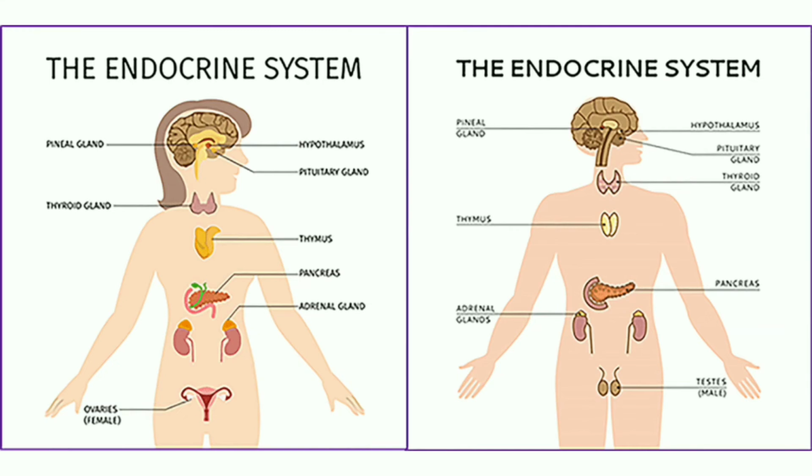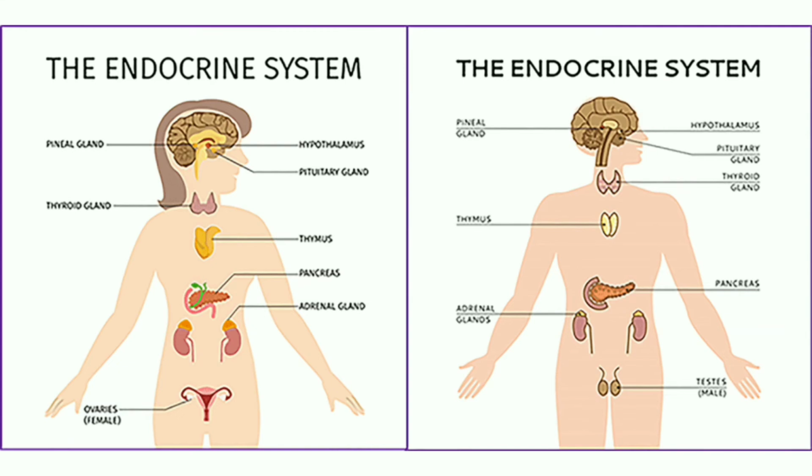The pancreas, which we know as a digestive gland, is located below the stomach, between the stomach and duodenum. It also acts as an endocrine gland, because the pancreatic islets are responsible for the production of hormones.